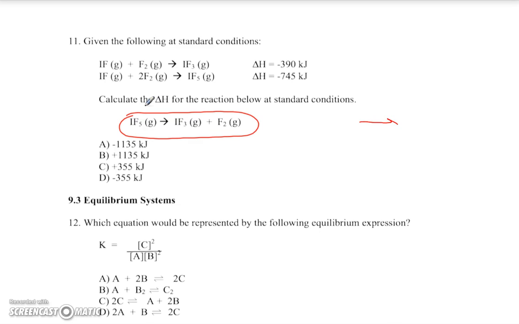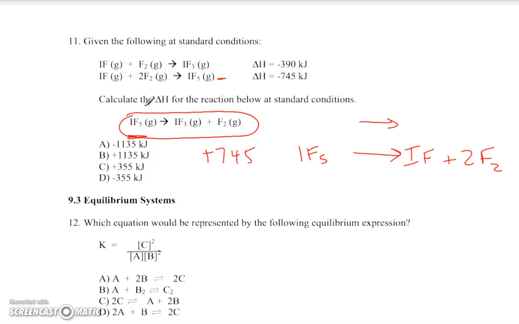If we rewrite these 2 givens like so, in our target we have the IF5 on the reactant side, but the only place we see IF5 is in the second equation, so we're going to need to flip that second equation. So IF5 turns into IF plus 2F2. And if we flip that, then that means we have to change that sign to positive 745.